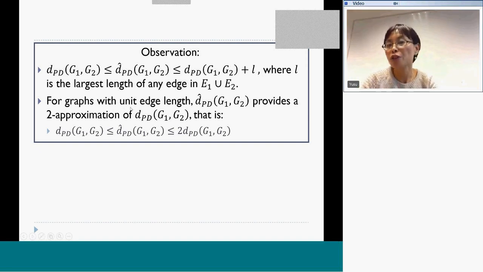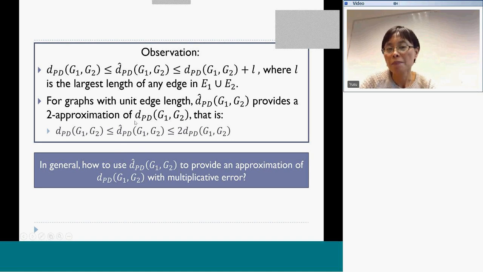When input graphs all have unit edge length, this gives a multiplicative approximation of the continuous persistence distortion distance. But in general, unfortunately, even if every edge has roughly the same length, but not exactly the same, then this multiplicative constant factor approximation no longer holds.